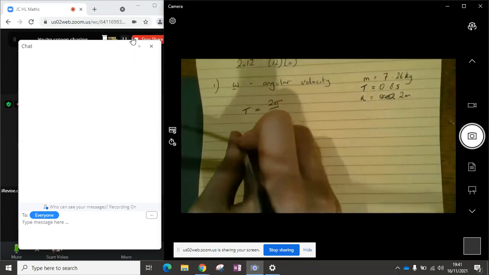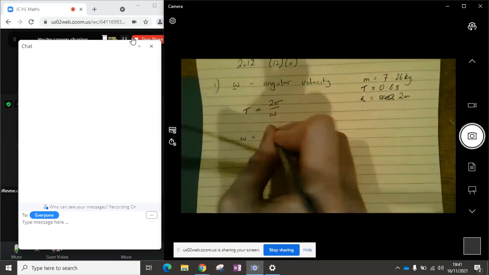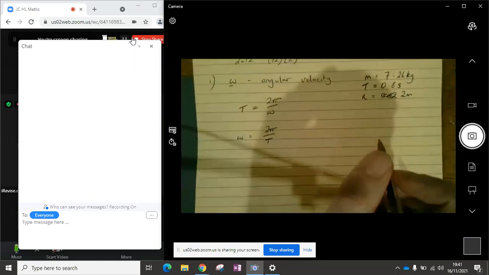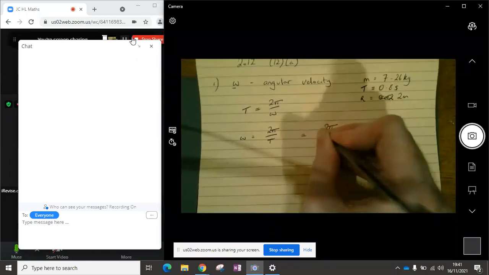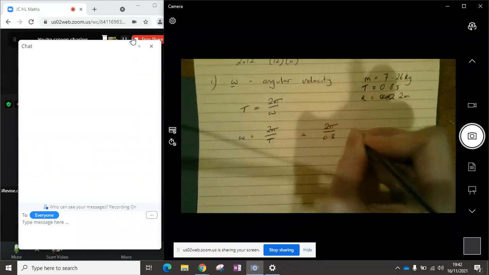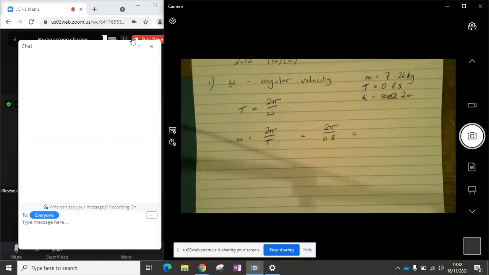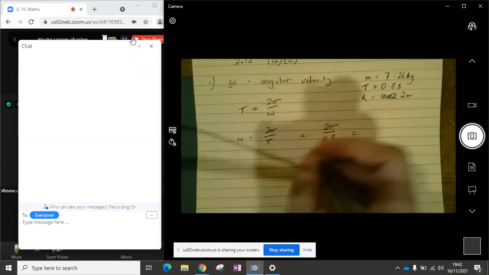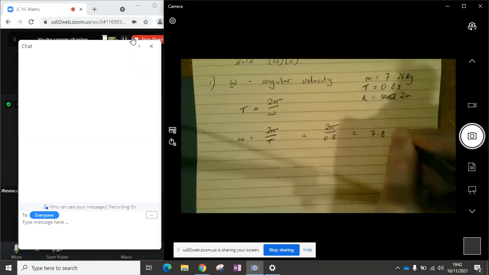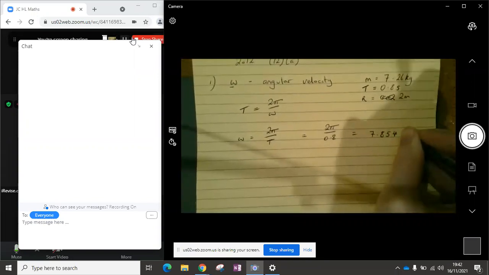If we swap this around, we get angular velocity is equal to 2 pi over T. So we have 2 pi divided by 0.8, which gives you a value of 7.85 to 4 significant figures.